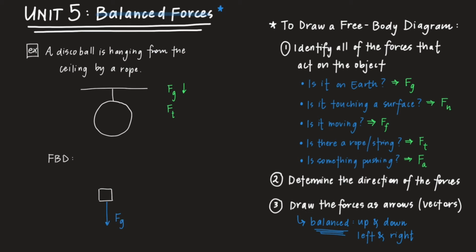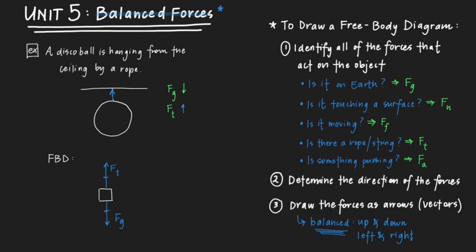I have the tension force as well. Well, the rope must be pulling up on the disco ball to support it, right? So it doesn't come crashing down to the floor. So that means my tension is going to be pointing up as well. So there's my force of tension. Also, I know that the tension force and the force of gravity have to be equal and opposite because we're dealing with balanced forces.